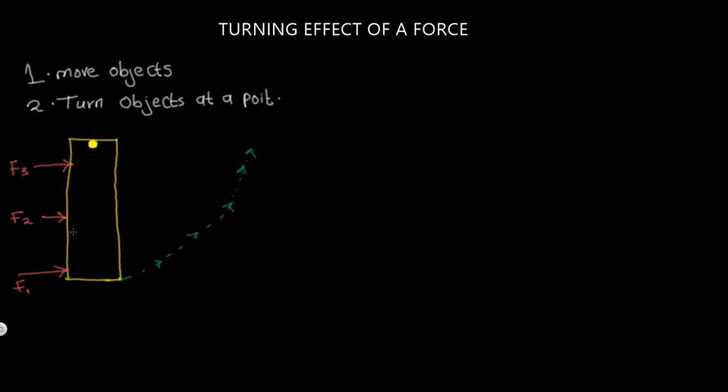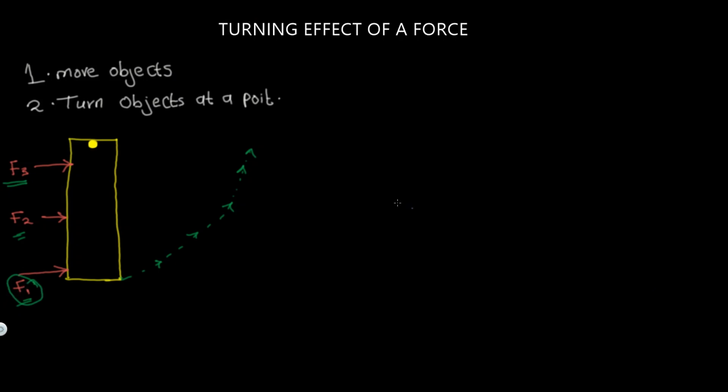Who do you think will use a lot of energy to open this door? We always say that the person applying F3 will use more energy to open this door than F2 or F1. F2 will also use more energy than F1. F1 is the one who will use the least force to open this door.